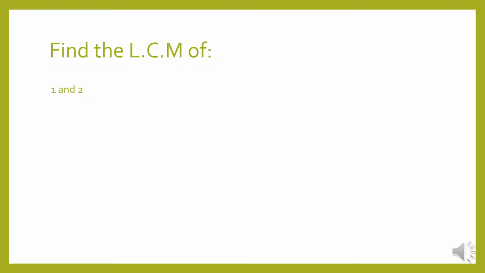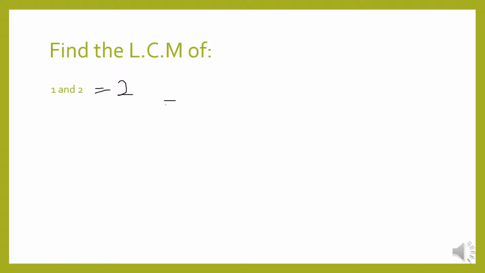Find the LCM of 1 and 2, and this is very easy. If we have to find the LCM of 1 and 2 and similar questions like this, we don't have any working to do because we know that the LCM of 1 and 2 is 2. Why? Because 1 can go into 2 and 2 can go into 1. But let's just write it down.